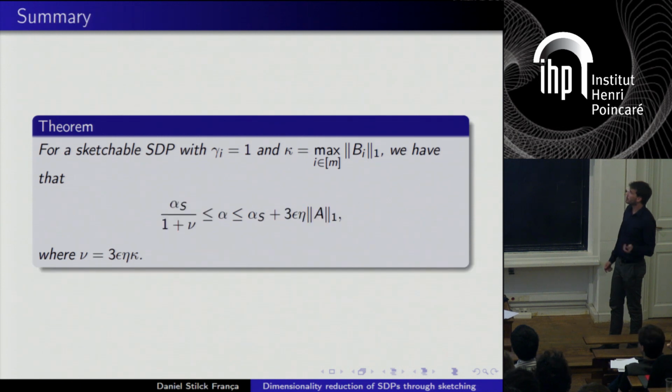Okay, so in summary, in this scenario, we get an upper bound on the value and a lower bound, and we also get a feasible point which attains this lower bound over here. So in this case, if this is well behaved and this is well behaved, then we can actually get a good approximation to the value of this SDP.